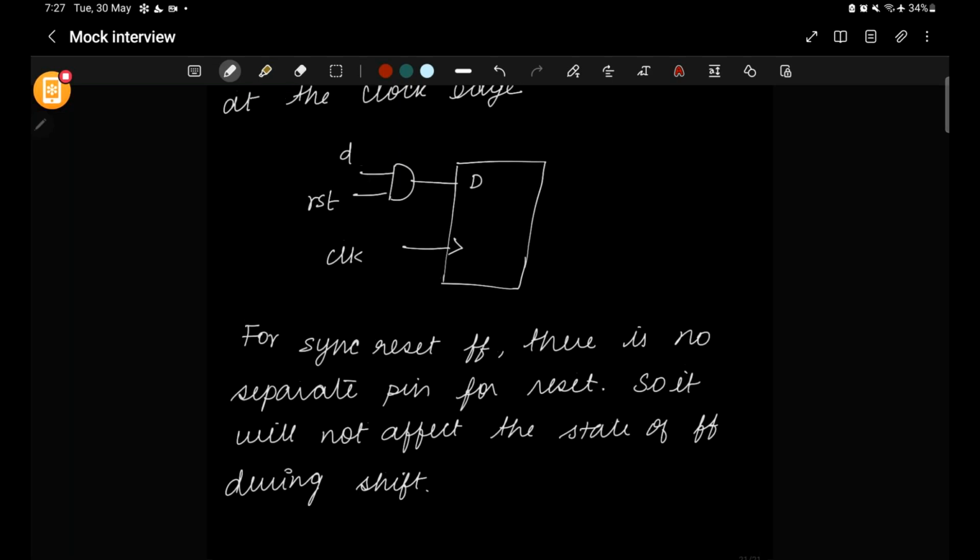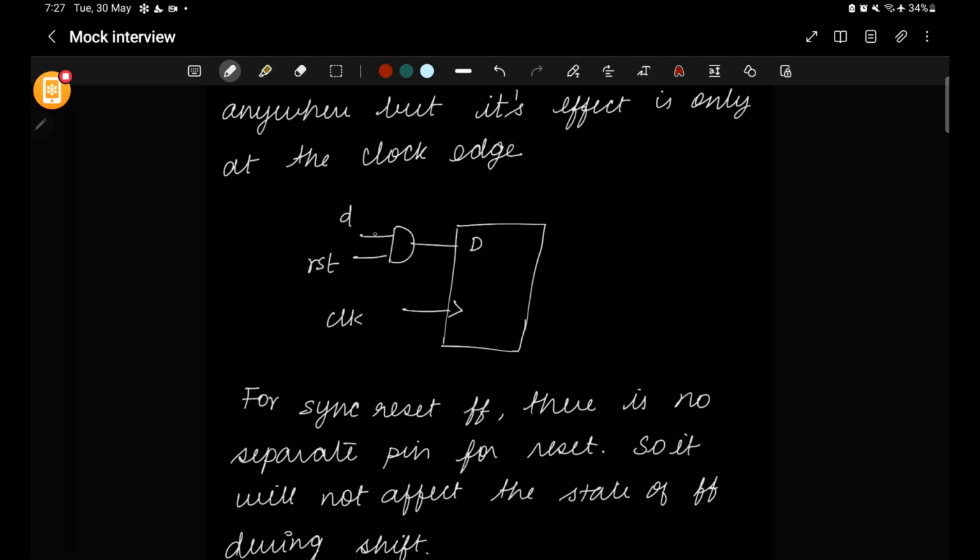Okay, so here if you see reset, it is ANDed with the input and it is given to the D pin. For an asynchronous reset flop, you will have a separate pin for reset. But for a synchronous reset flop, the structure will be like this. The reset will be ANDed with the input and given to the D pin.